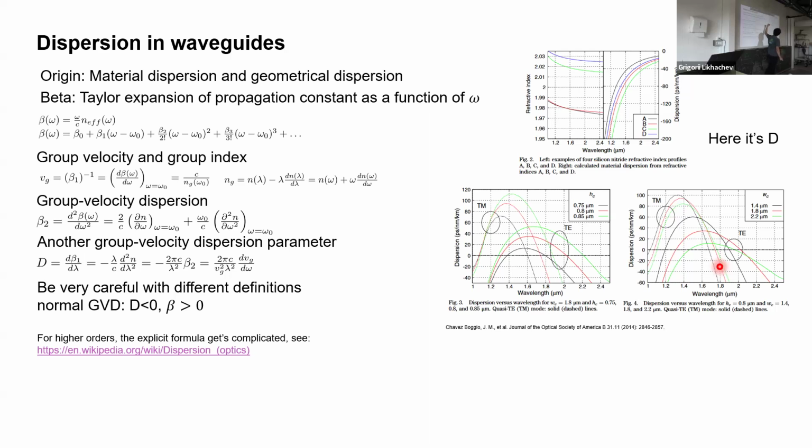With different silicon nitride refractive index profiles, you will also see the material group velocity dispersion parameter. But after considering the waveguide effects, you can have either positive or negative dispersion by changing the geometry parameters. So just know that your waveguide dispersion really depends on how it is designed, not only on the material itself.